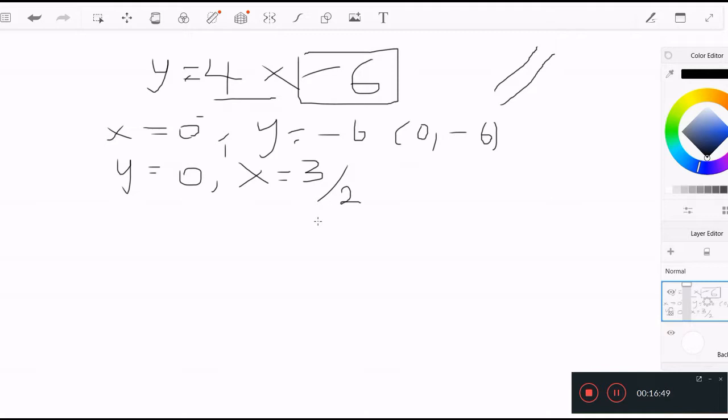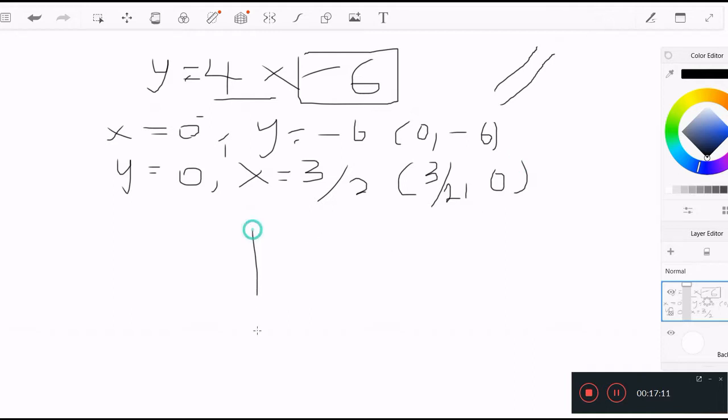So in this case, how can you draw the graph? I'll draw the x and y axes. This is x and this is y. Sorry, this should be 3 over 2, so I will draw it at 3 over 2, and this is 0.